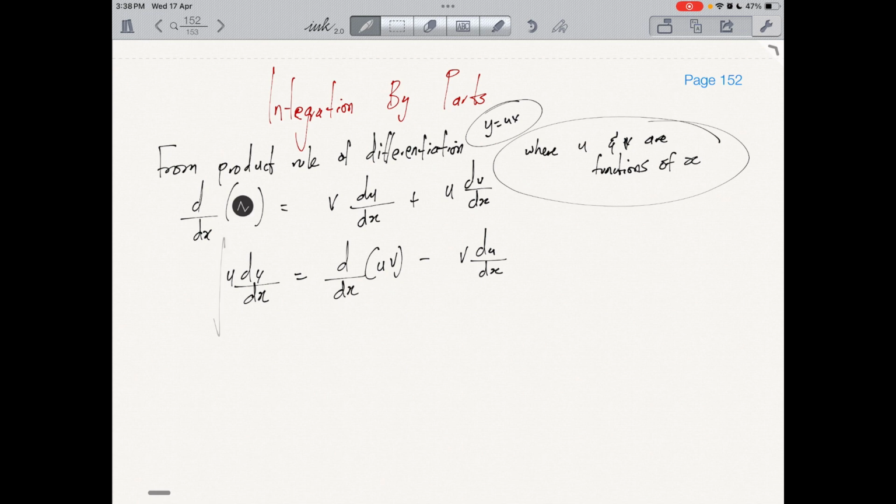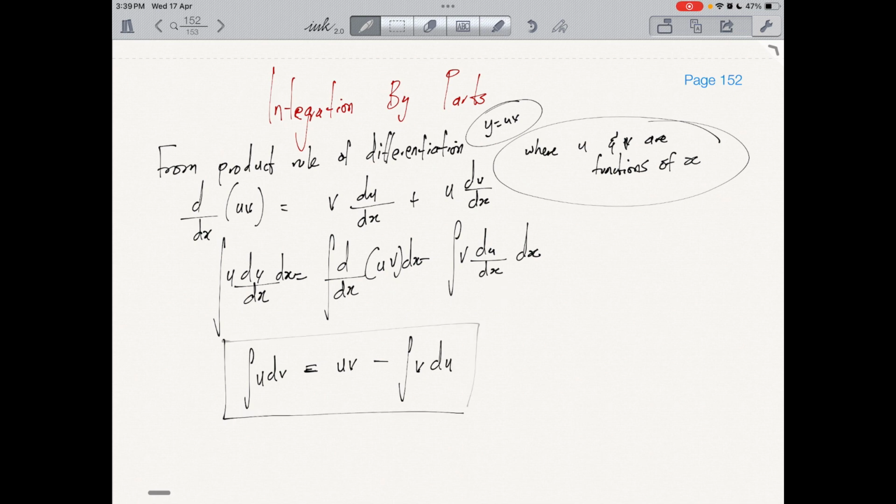Therefore, we are integrating this with respect to x, integrating this with respect to x, and integrating this with respect to x. And then we'll be left with the integral of u dv is equal to uv minus the integral of v du.